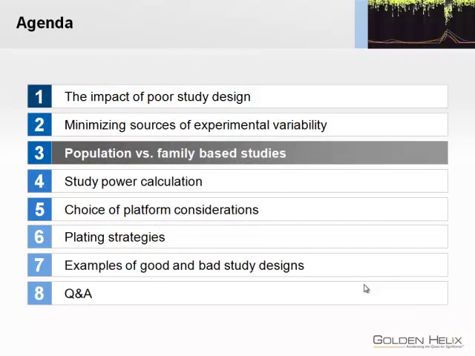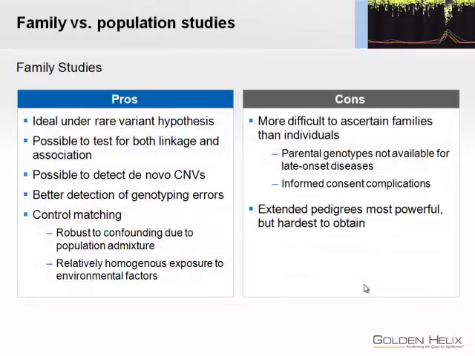Okay, so I'll say a bit about family versus population designs, which I think David talked about nicely. One extra thing I'd add about family studies is that they're very nice under the rare variant hypothesis if you have a large family.